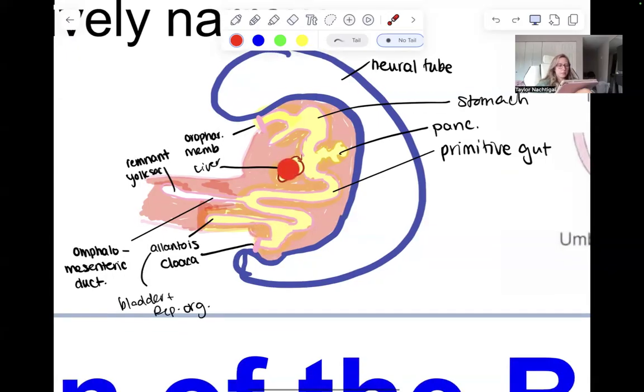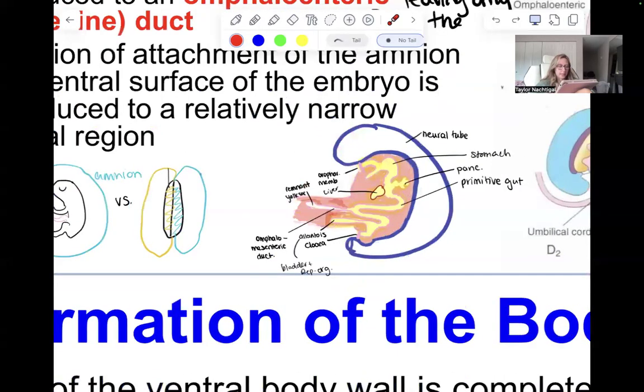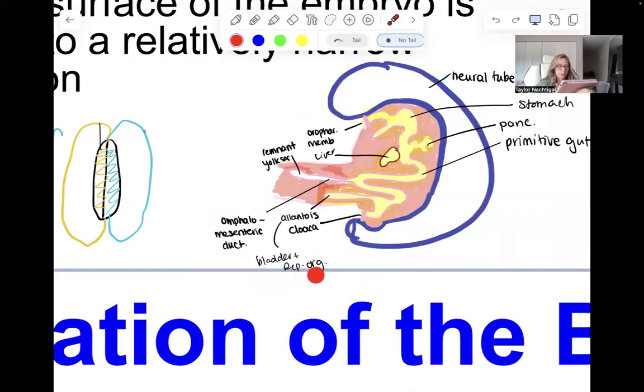So all these little bumps all over are going to develop into important things. And here we have the remnant of the yolk sac, and this is the umbilical cord. So we have this diverticulum projecting into the umbilical cord. This should be completely gone before the baby's even born. Oh yeah, and here we see the allantois is going to become the bladder and the reproductive organs.